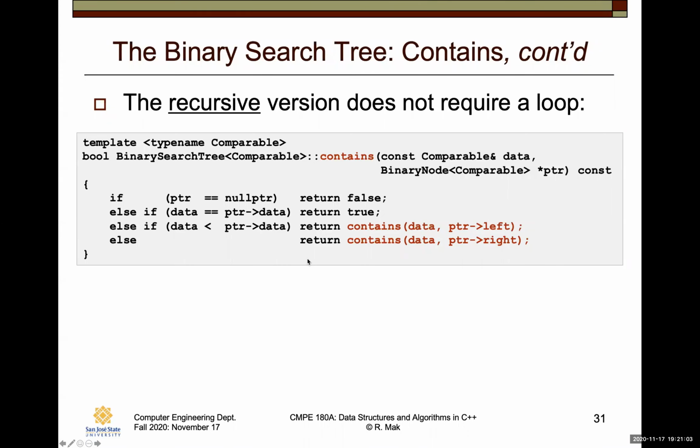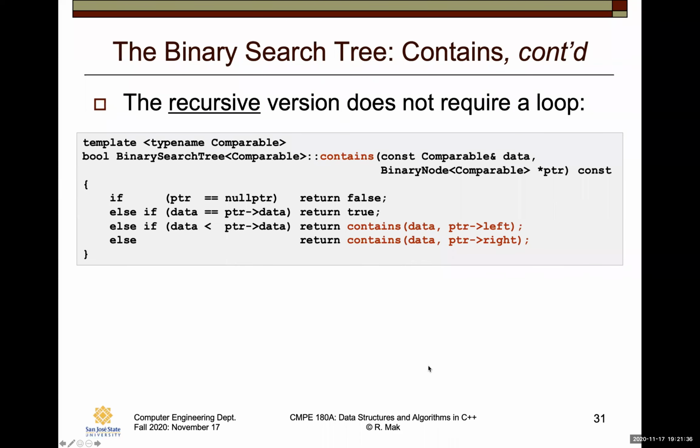It's not necessarily equal size, but we are looking either to the left or to the right, and we keep doing this recursively until we find the matching data, or we encounter a null pointer, in which case we know that the value we're looking for is not in the tree. This is a recursive version, and notice there's no looping involved.